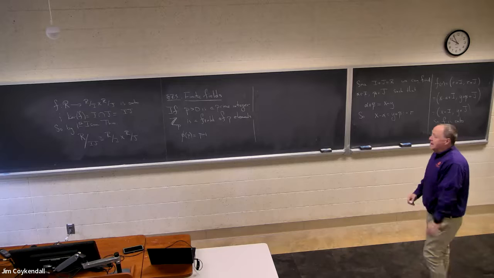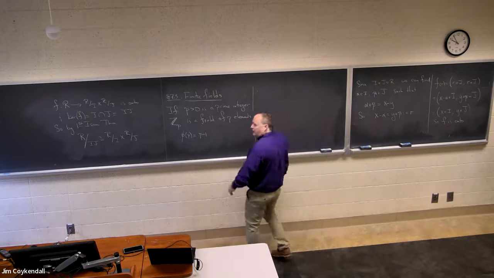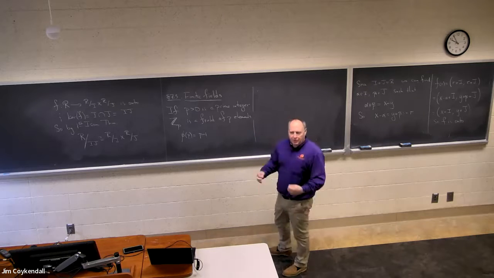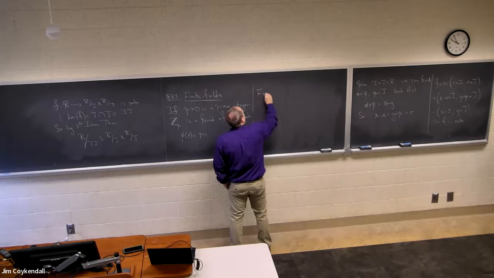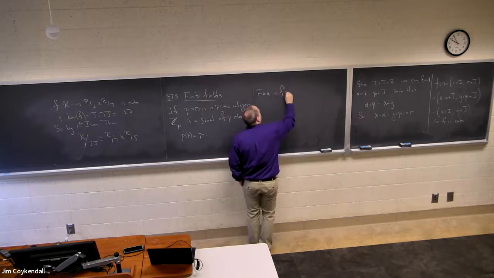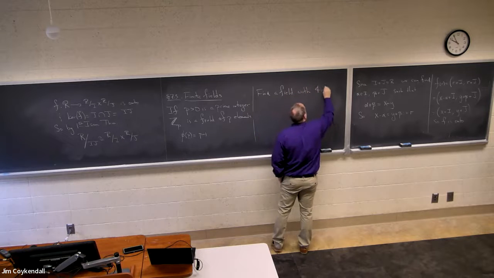Now, here's a little tickler. This is for next time, because we'll go through examples and then we'll probably actually start the coding next time. A field with 4 elements.